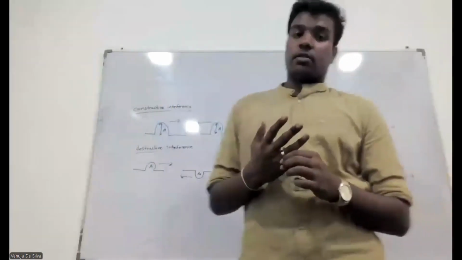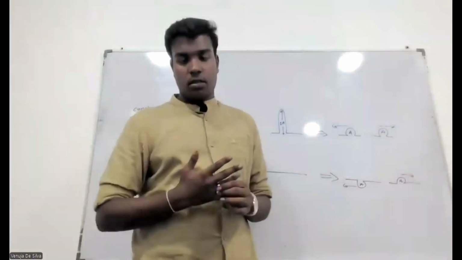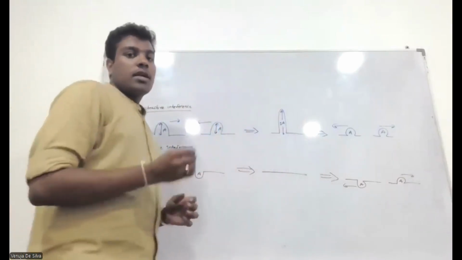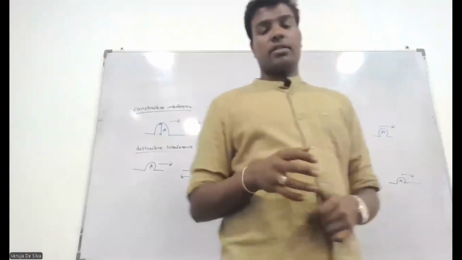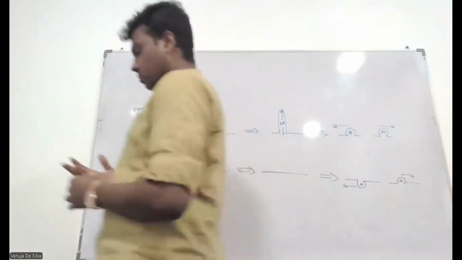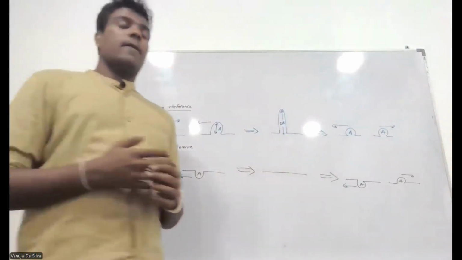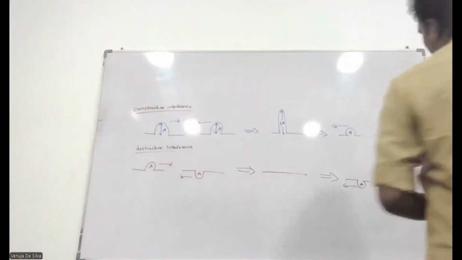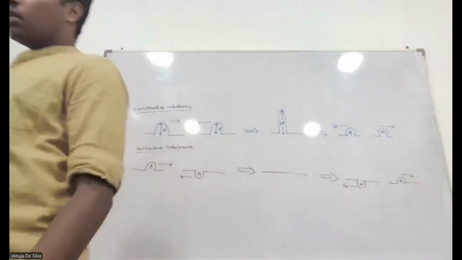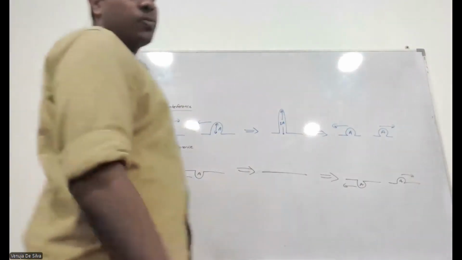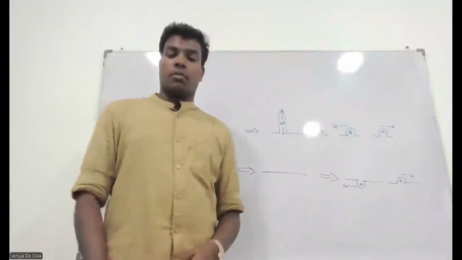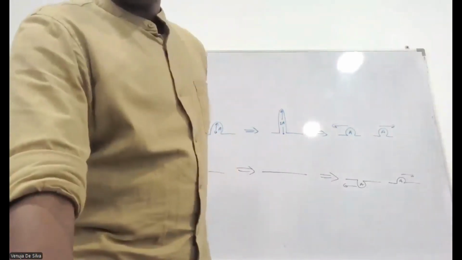When two or more waves cross at a point, the displacement at that point is equal to the sum of displacements of the individual waves.